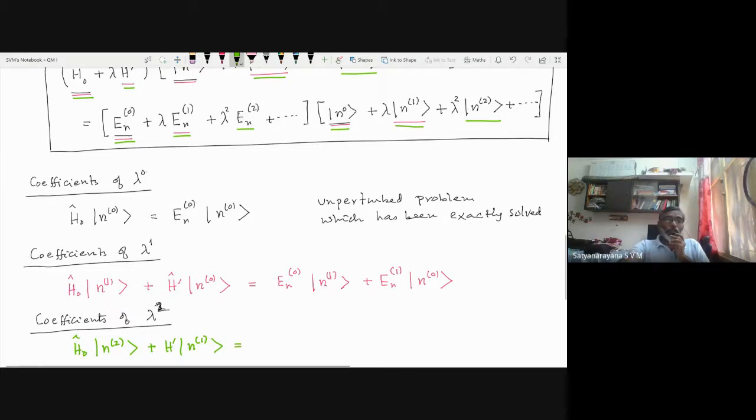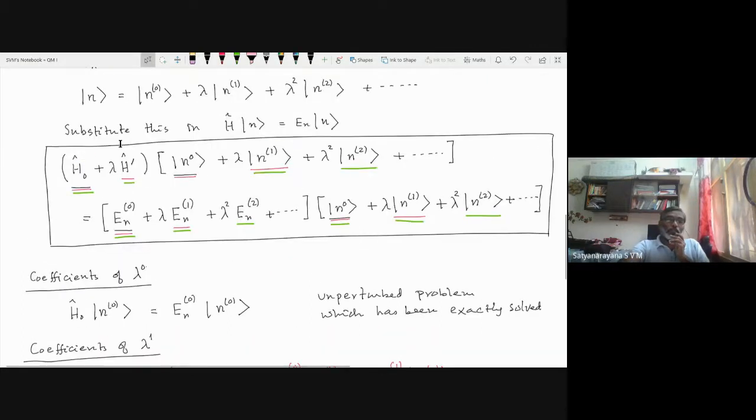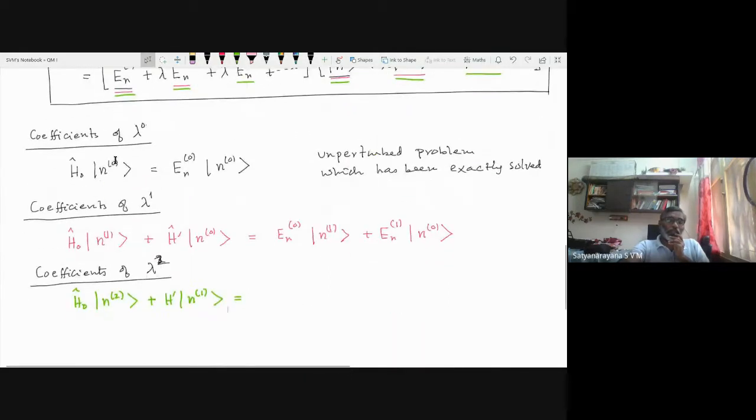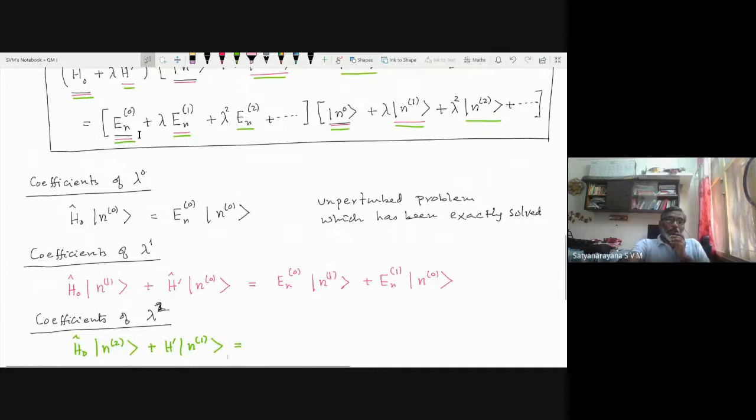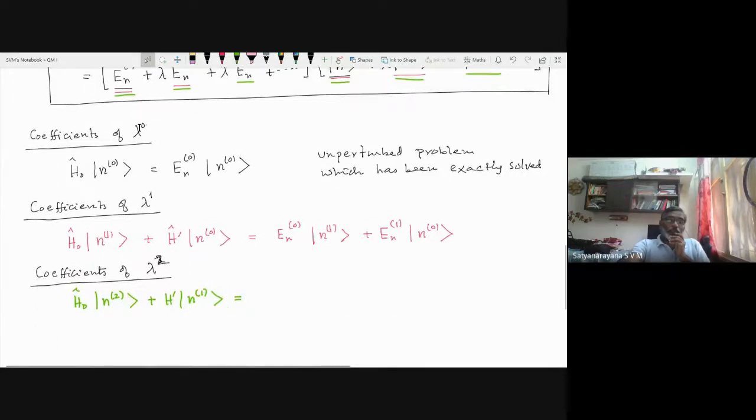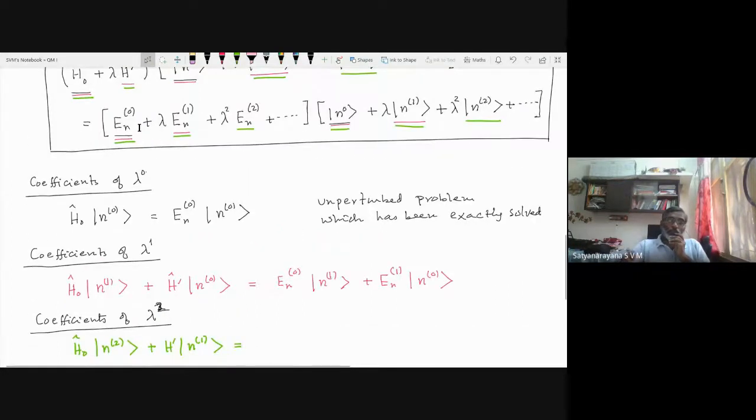Okay, there won't be any n0 because n0 has no lambda and there is no lambda square term here. So left hand side is only that much. But on the right hand side, you can have three terms. What are the three terms?